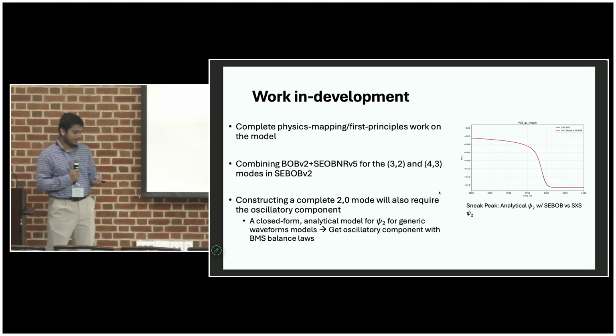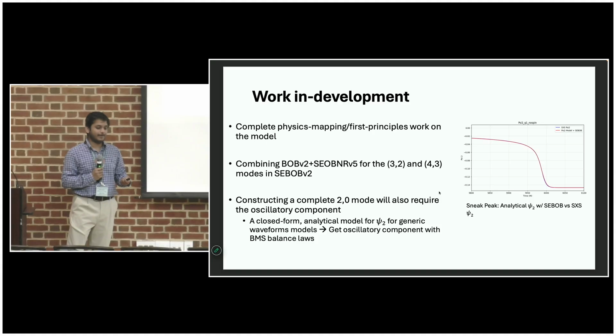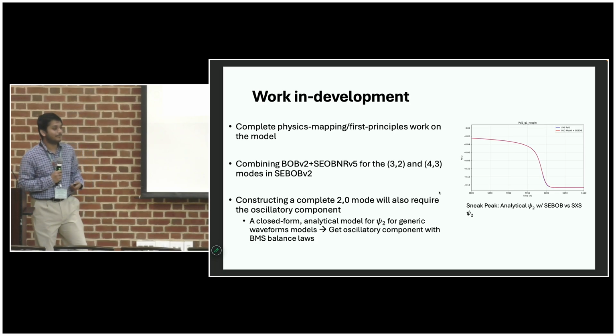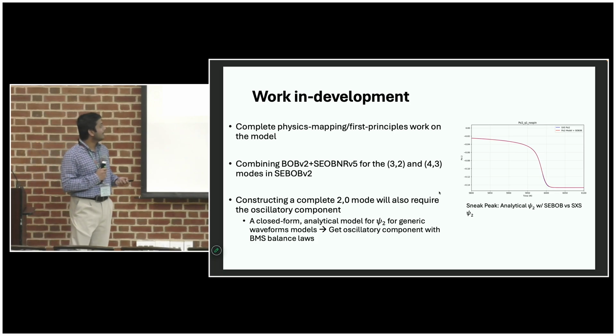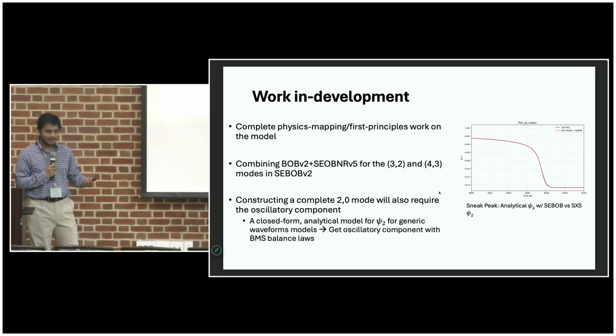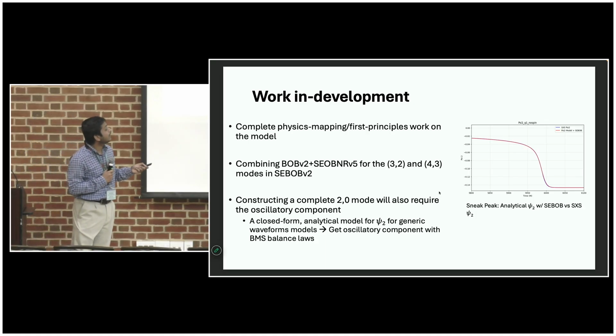This psi2 model can be applied to generic waveforms, but it's still somewhat phenomenological. I've been trying to prove it from first principles, but you can use that to get psi2, and from psi2 you can derive the oscillatory component of the 2-0 mode with BMS balance laws.